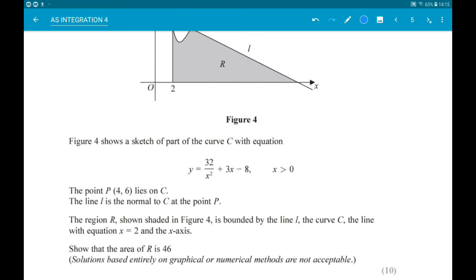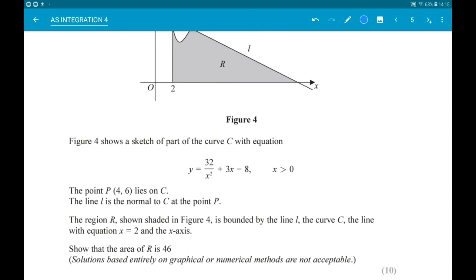The point P (4, 6) lies on C. The line L is the normal to C at point P. The region R, shown shaded, is bounded by the line L, the curve C, the line x equals 2, and the x-axis. Our job is to show the shaded area is 46 units.